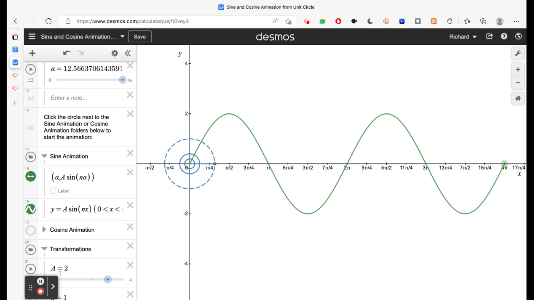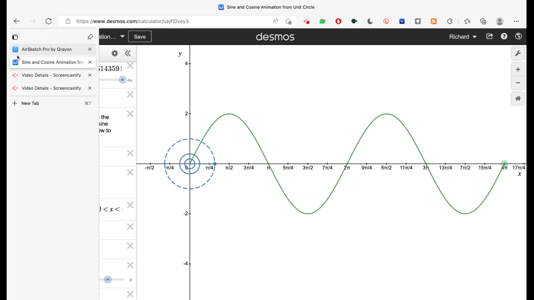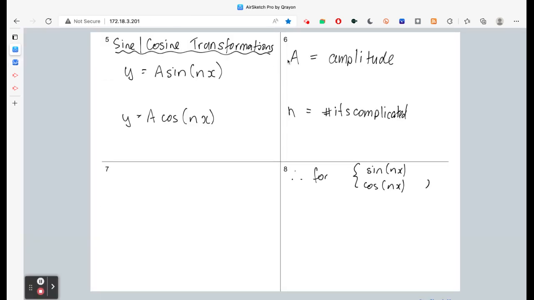It is in fact the value of a, like so. So we can say that a is equal to the amplitude. There is something slightly nuanced I need to add to that in a second, but at the moment, let's just take that as granted, that the amplitude is equal to a.